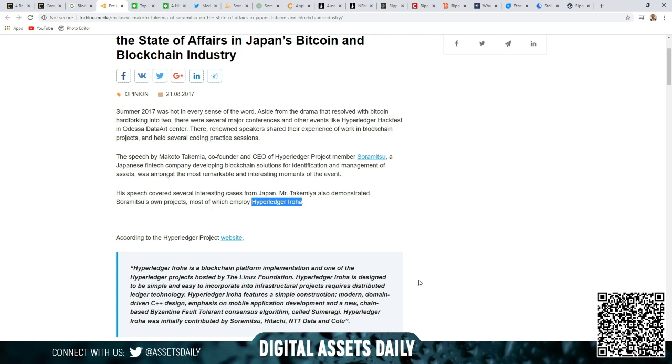Okay, now you have Hyperledger, the Byzantine fault tolerant consensus algorithm, and you have IBM. But again, what we know on Byzantine fault, you have Ripple and Stellar.